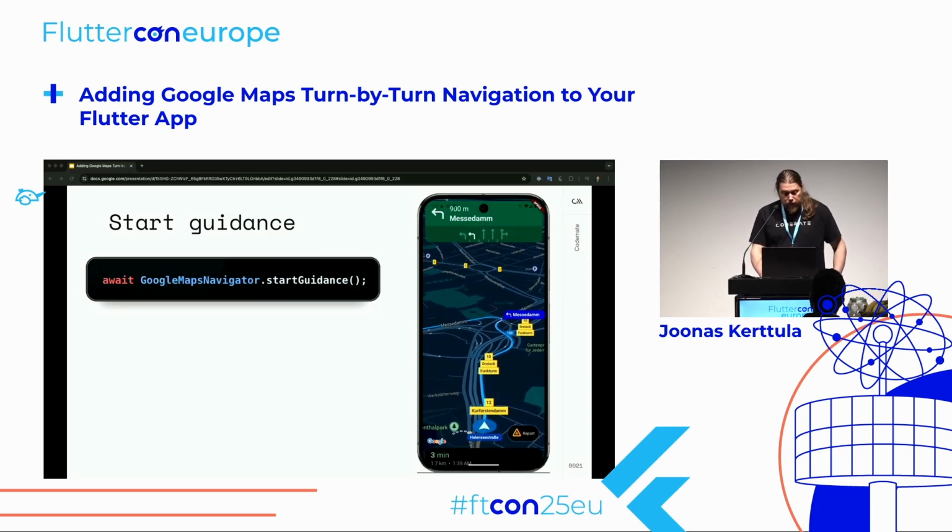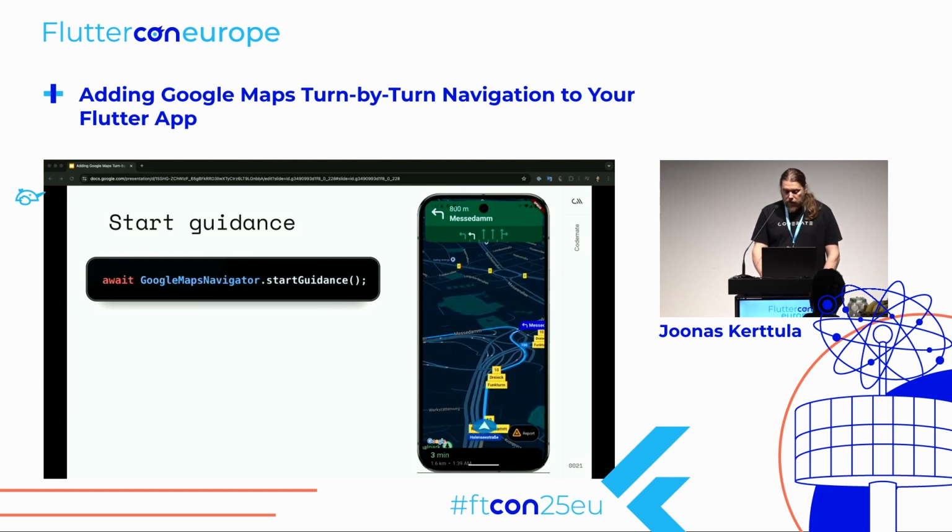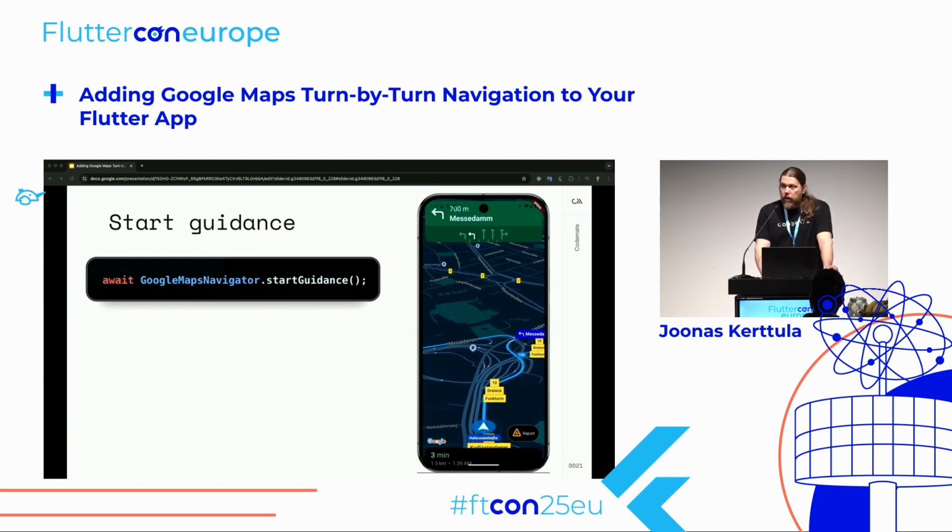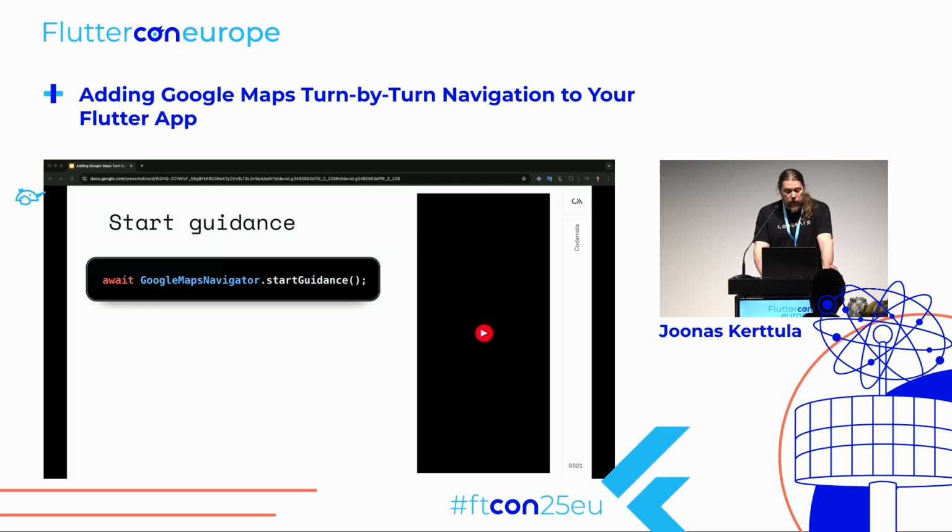And as you see, it has a header and footer. Those are coming from the SDK, and they are part of the view. And I'll show later how to modify these and create custom ones.